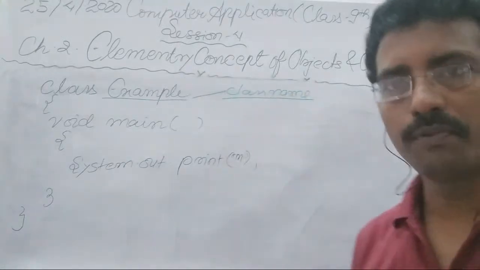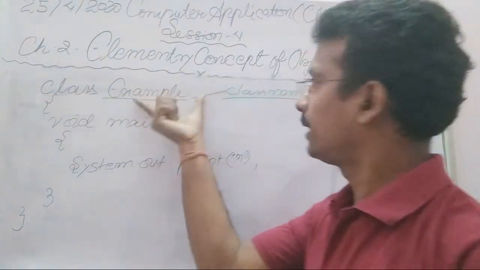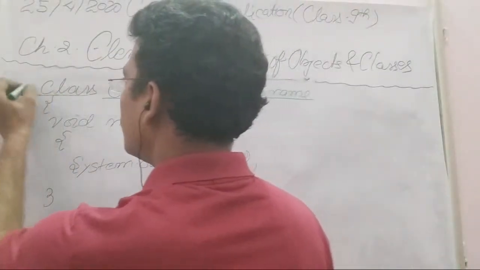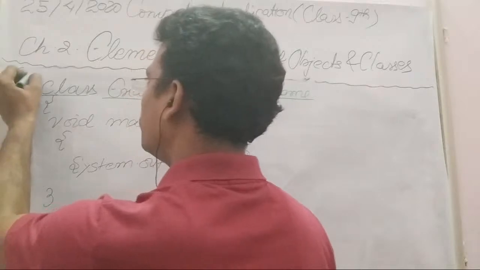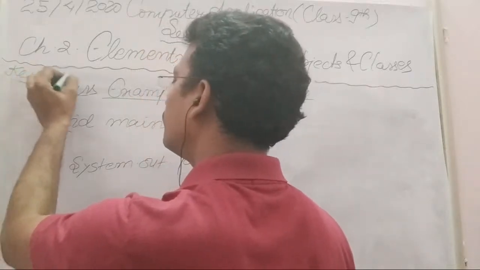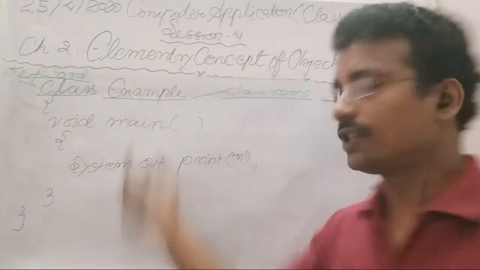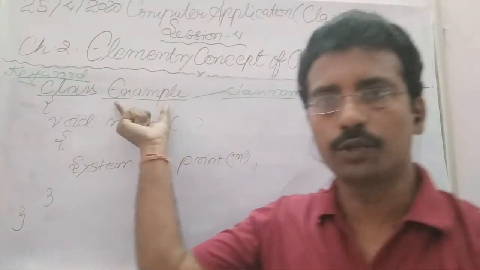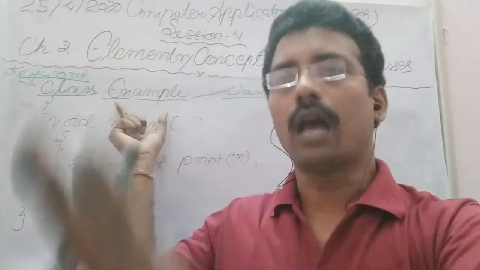First in our program we have to write the class name with the help of a keyword. This is a predefined keyword. This keyword indicates that this particular word is going to declare a class.